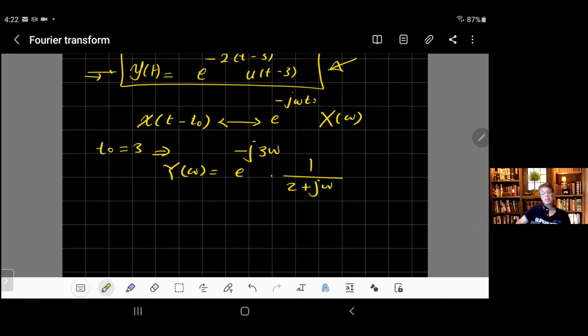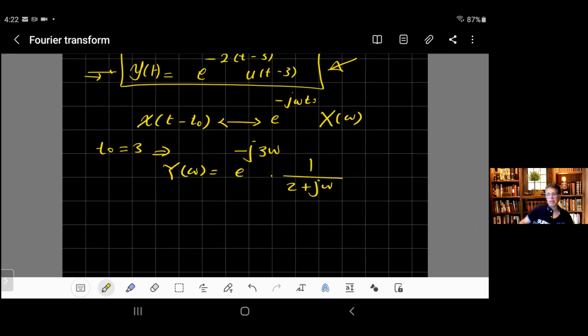So that's it. You see how easy the property is? You don't have to go through the integration or go to the table of transform pairs. Just use the property so you can find a new function. But the condition is the new function should be related to the function whose Fourier transform is given, right?